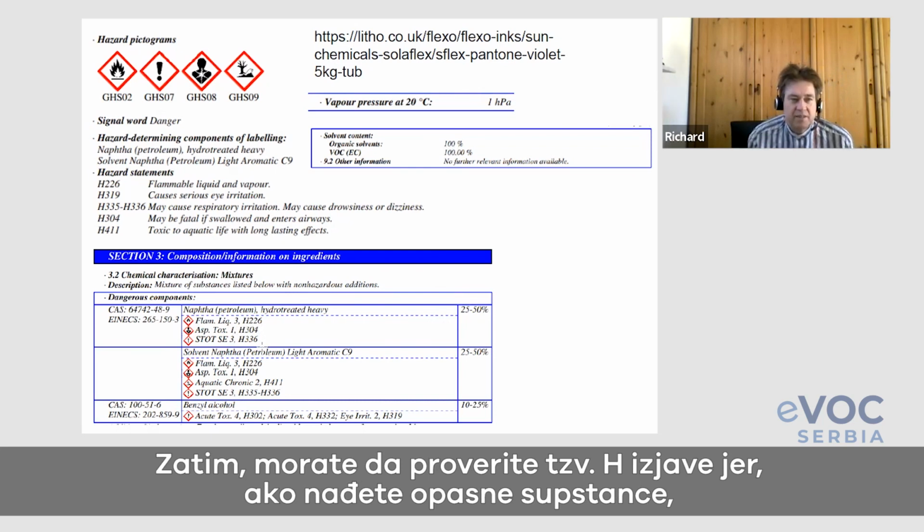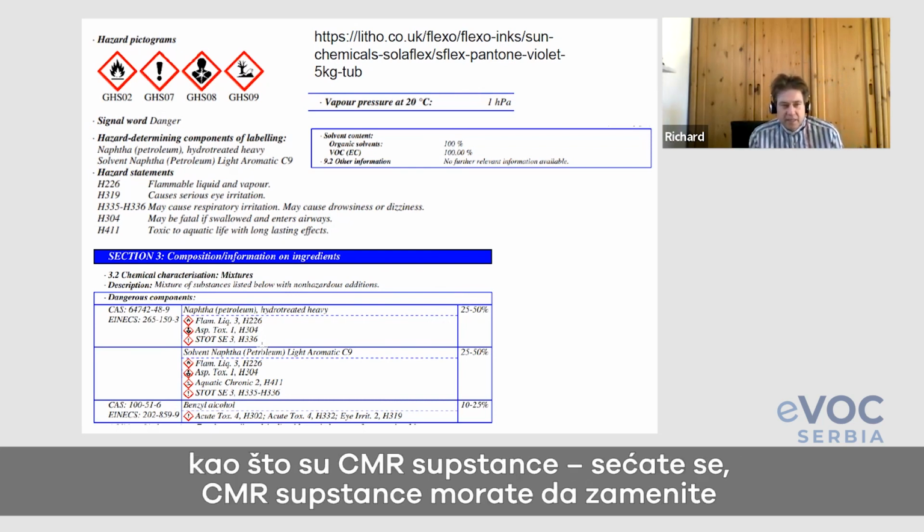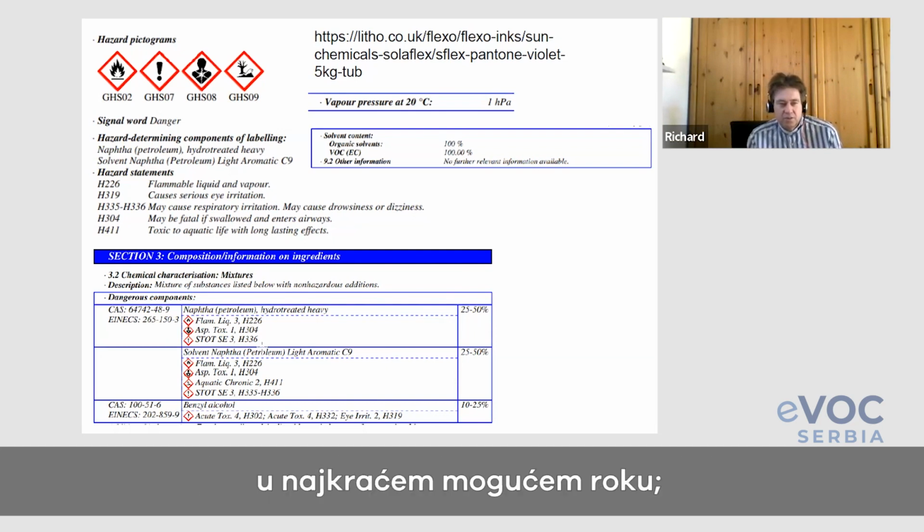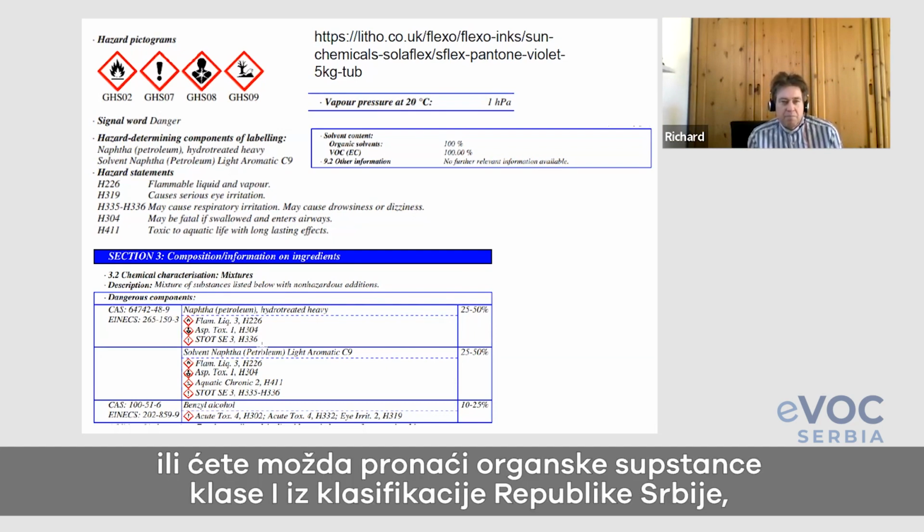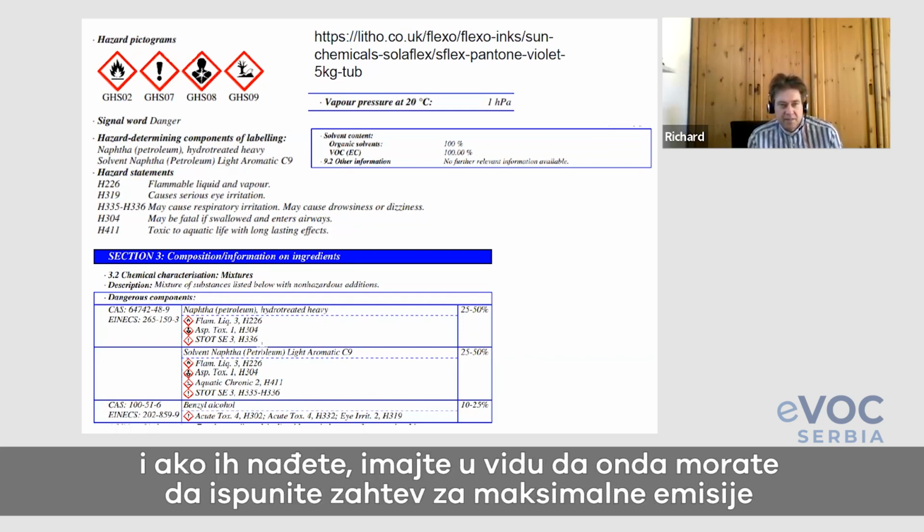Then you must check the H statement, because remember why. If you find hazardous substances like the CMR substances, you remember, you must substitute them in the shortest possible time. But maybe you will find Serbian class 1 substances.